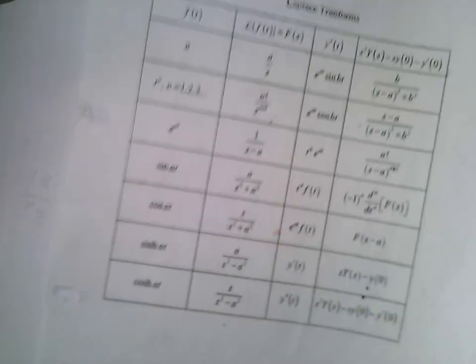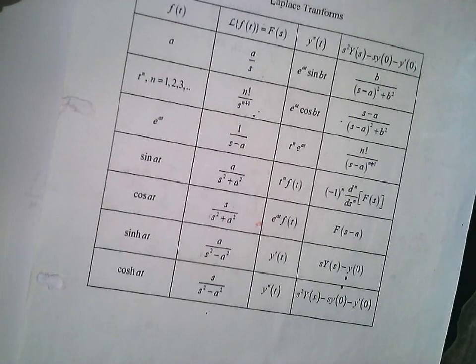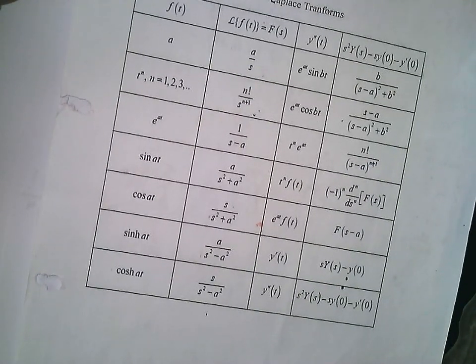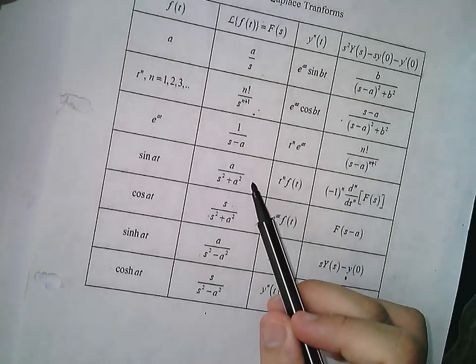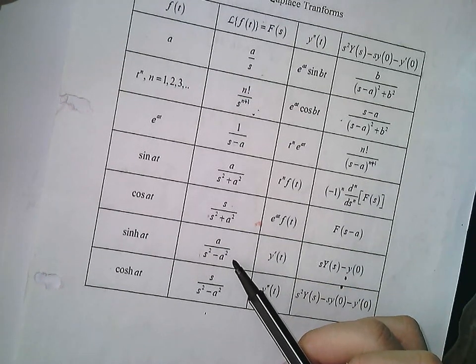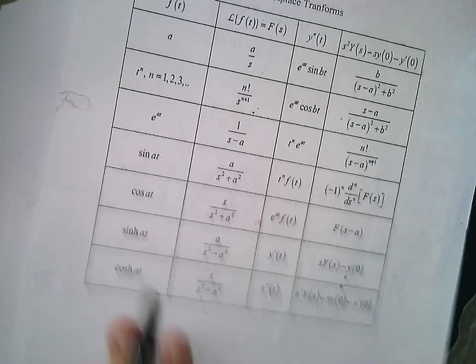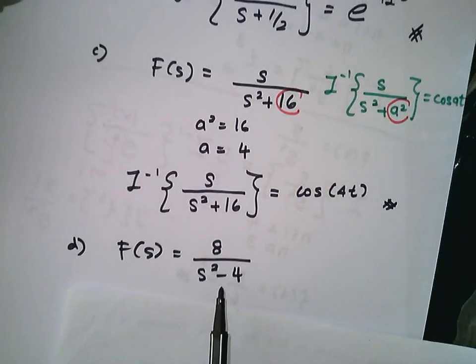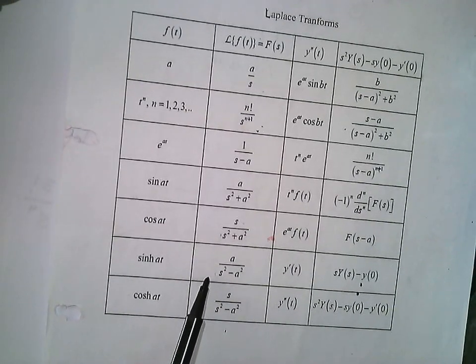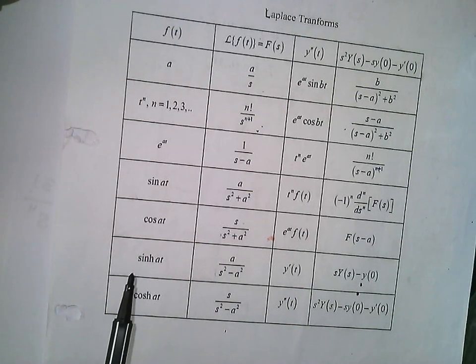So by looking at the table of the Laplace transform here, it's either this one or this one. But since for the denominator part you have a minus sign here, you will choose this one. So inverse of a over s squared minus a squared, you should get the hyperbolic sine function.